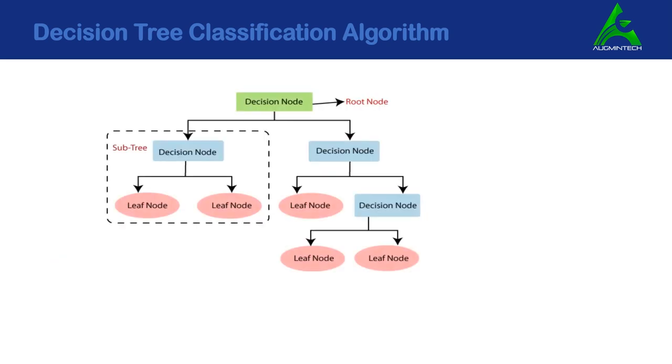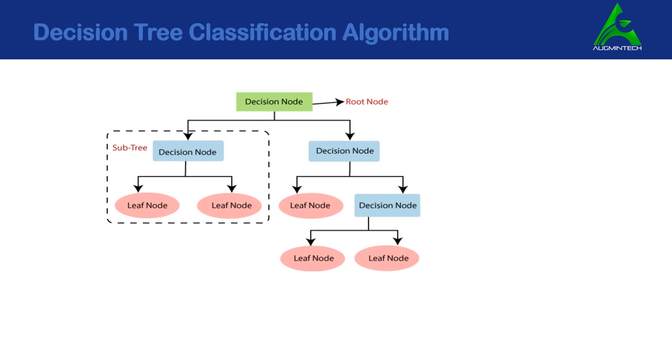Now let's have a look at this diagram of decision tree classification algorithm. So the first node we have is the root node or decision node, and then each of the decision nodes will have subtrees like leaf node, and leaf nodes here are the branches, and they don't have further branches.